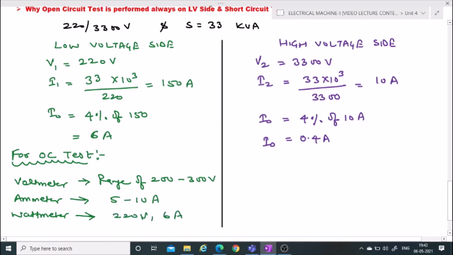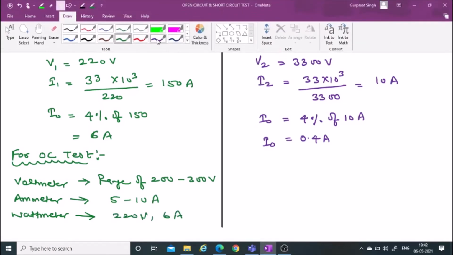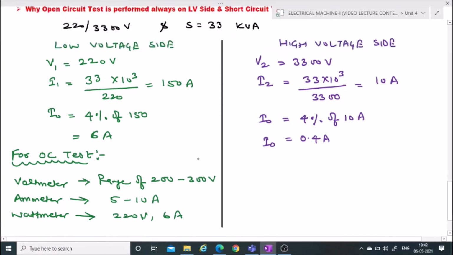Now the same thing for the high voltage side for the OC test. A voltmeter will be required with a range of 3300 volt.